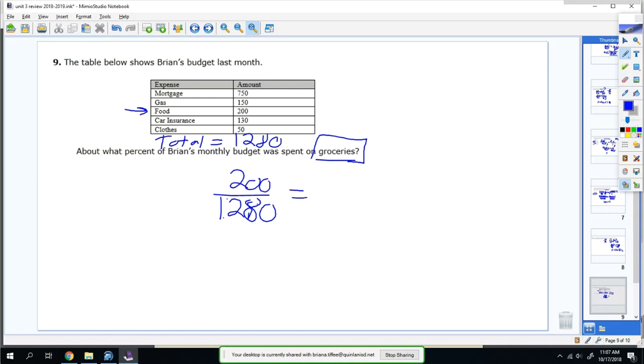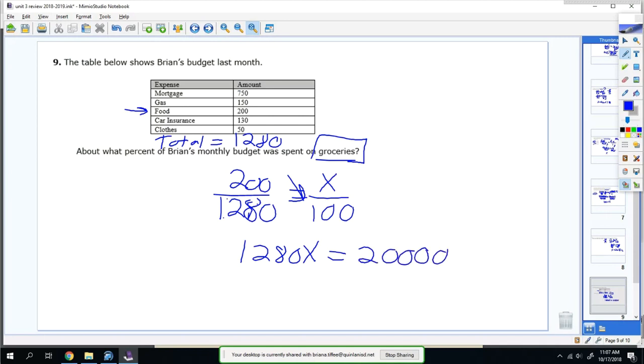And since I'm trying to find a percentage, you're going to do x over 100. So you cross multiply. You get 1,280x. And then 200 times 100 is 20,000. Then you divide. You can cross off some zeros. And then just divide. Well, I don't know if I'm able to cross off.